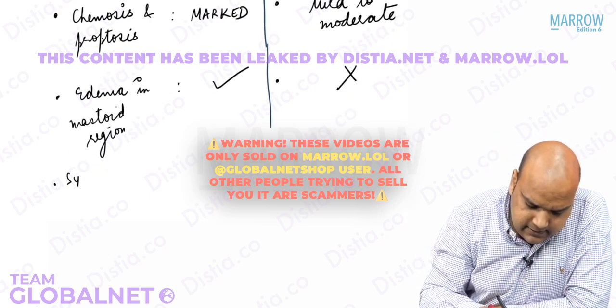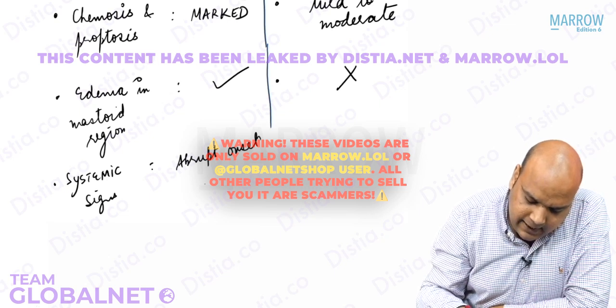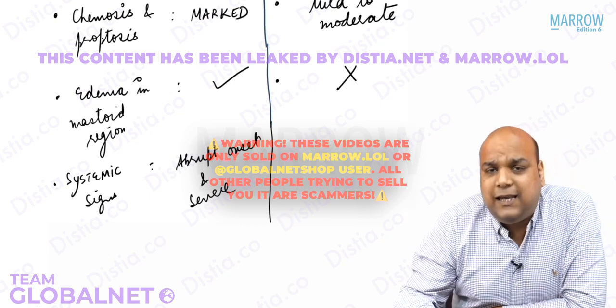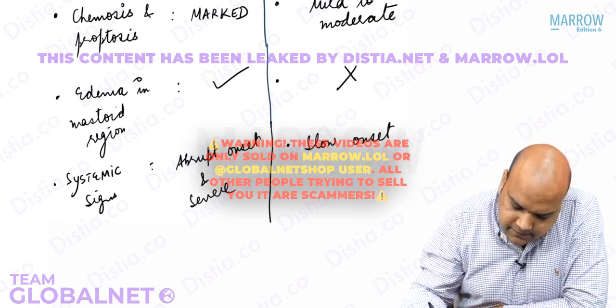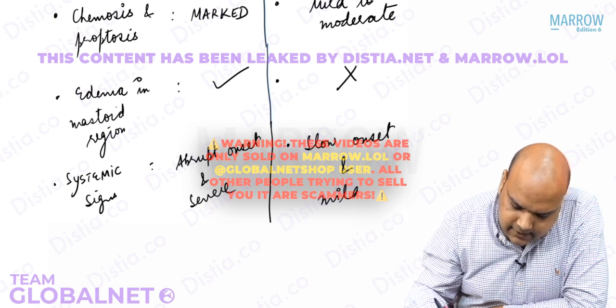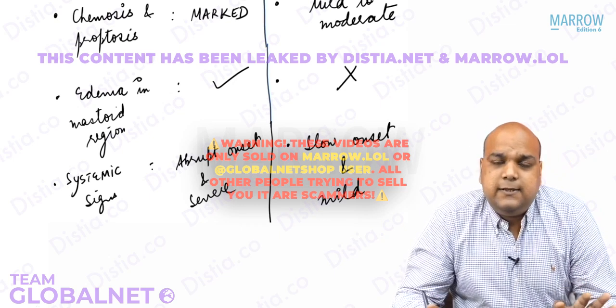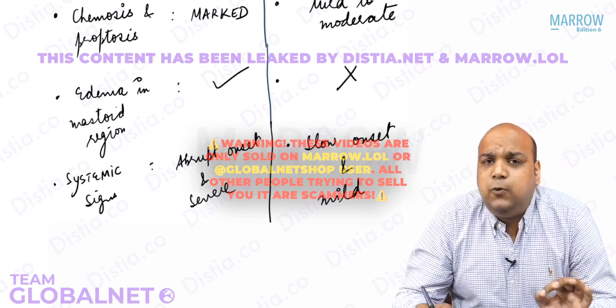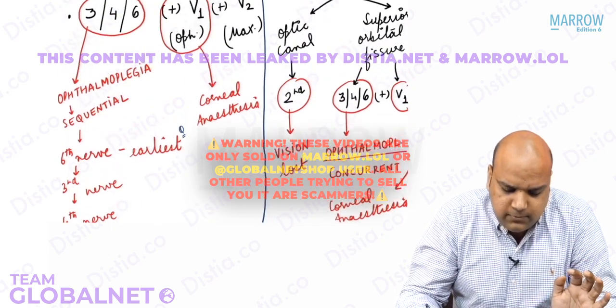And lastly, everybody, systemic signs such as fever, etc. are abrupt onset and severe in cases of cavernous sinus thrombosis, whereas they have a slow onset and mild in cases of orbital apex syndrome. These are certain other differences, but usually you won't need to look at these other differences. All your questions you will be able to solve from this only.